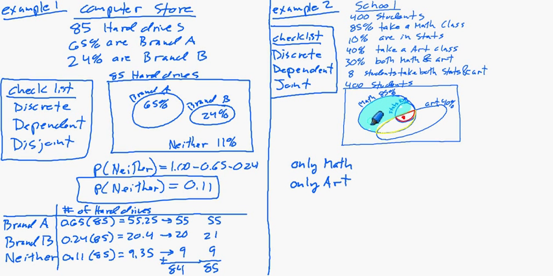That's the only math. I'm going to erase this because there's just going to be too many colors kicking around. But that's what I mean by only math. And of course, we can talk about only art, which would be that area. That's only art.